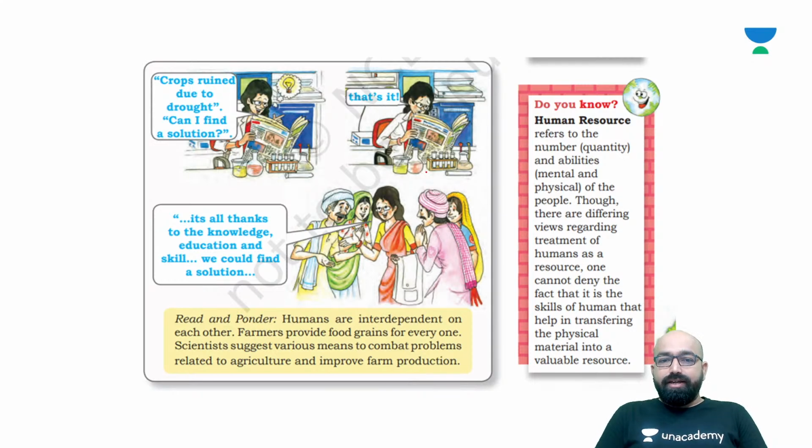The humans are interdependent on each other, where the farmers provide food grains for everyone. Scientists suggest various means to combat problems related to agriculture and improve farm production. So this shows the interdependence in society.